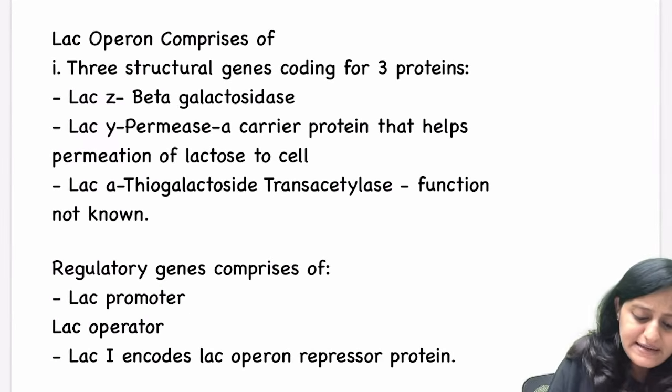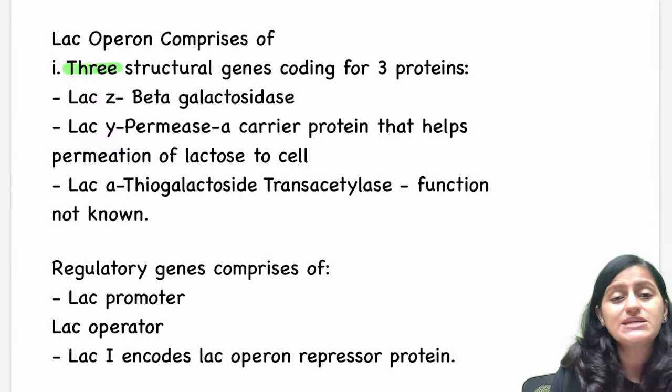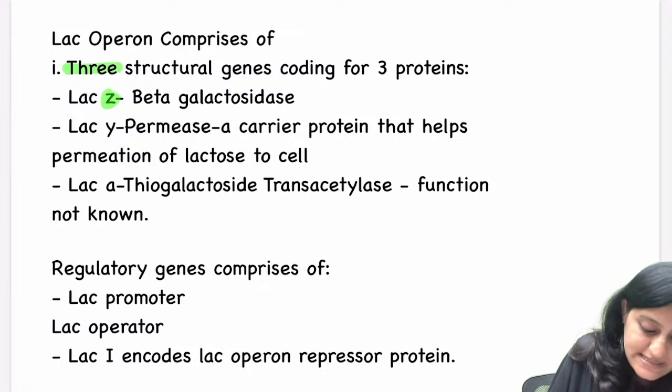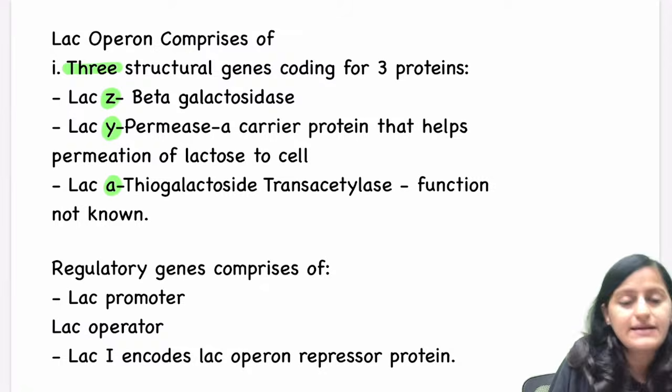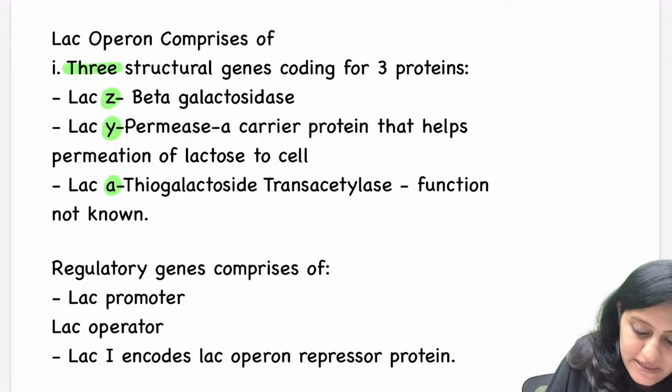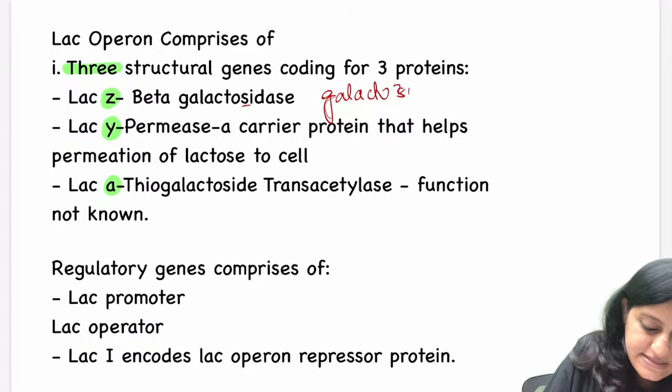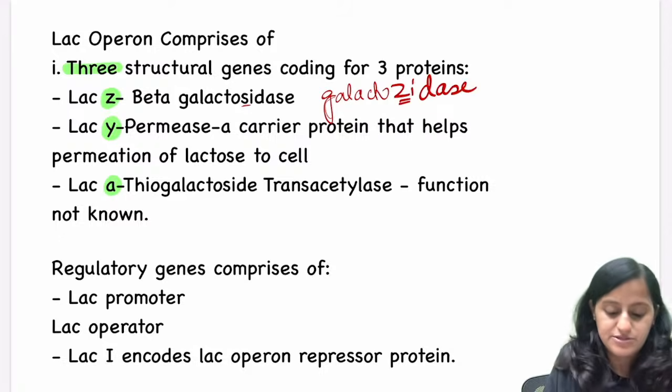So we have seen that the Lac operon has how many structural genes? Three. There was LacZ, LacY, LacA. LacZ encodes for beta galactosidase. Z is for galactosidase.